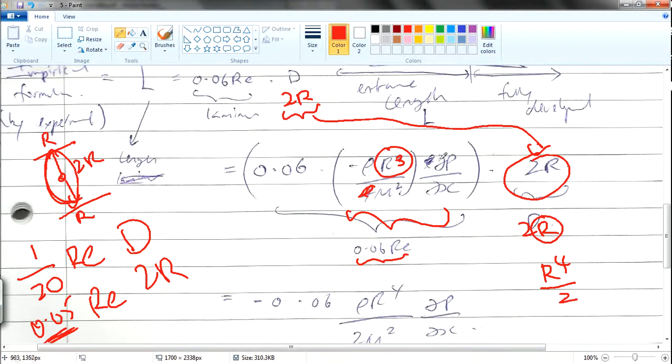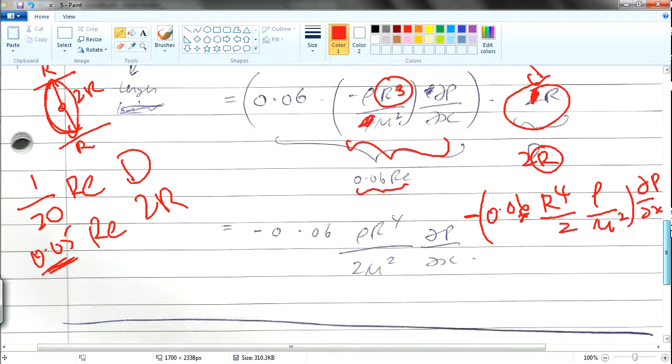So I've cancelled away this 2. What do I have left? I have minus rho over nu squared, and then 0.06. Maybe I should put it over here also. And then partial p partial x.